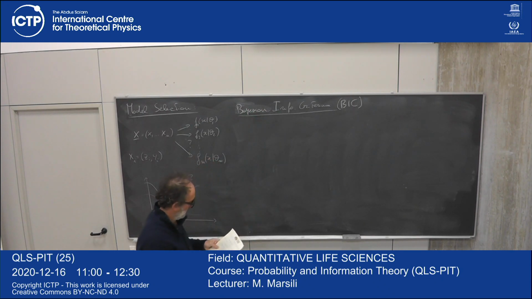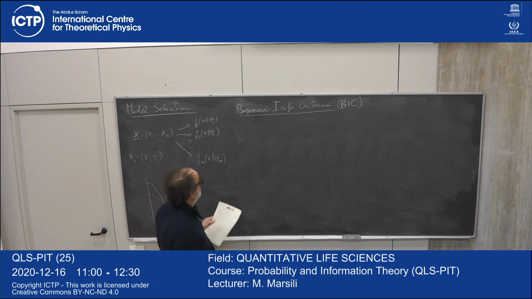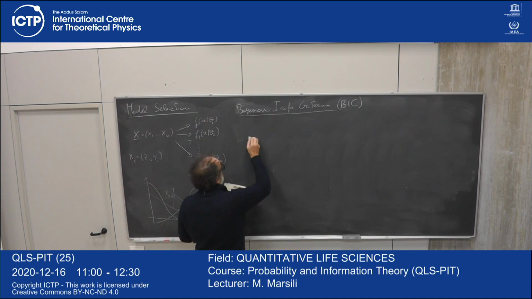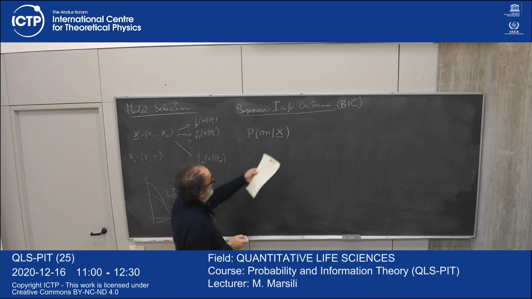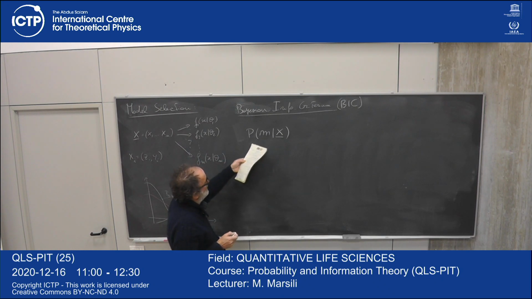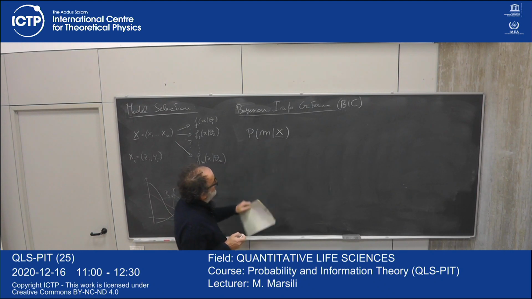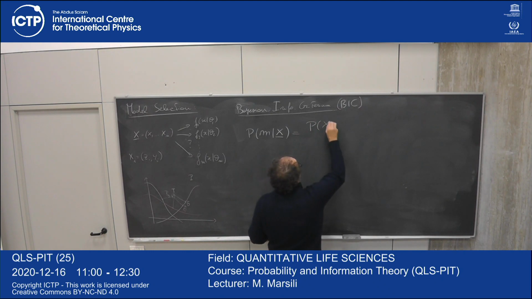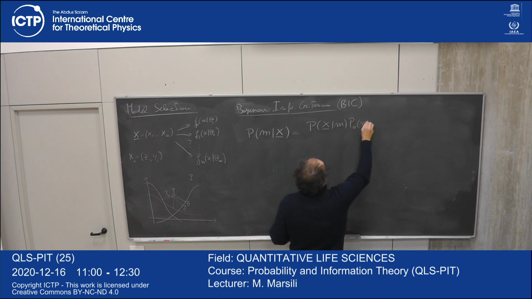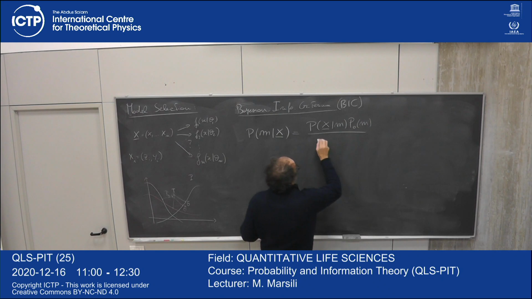So what is the idea of the Bayesian information criterion? Well, if you are a Bayesian, you should compute the probability of model M given the data, and then choose the model which is more likely given the data. So how do you compute this? By Bayes' rule, this is the probability of the data given the model times the prior probability of the model, divided by the sum over all models of the same thing.